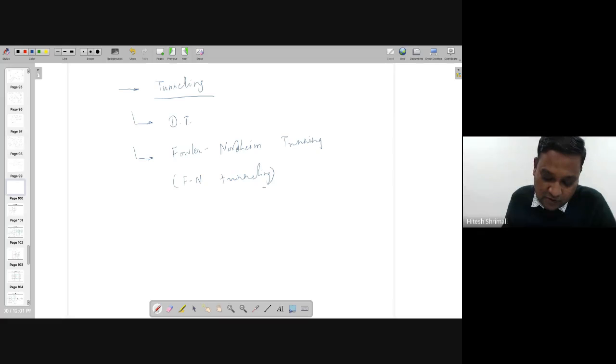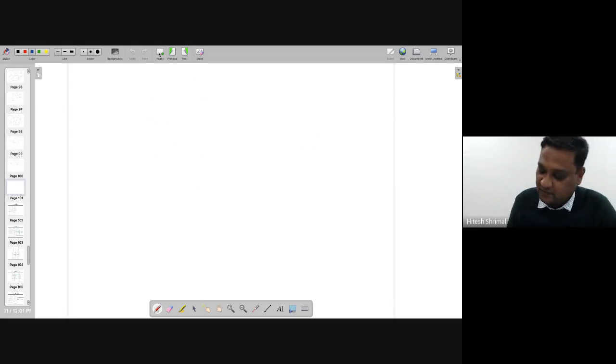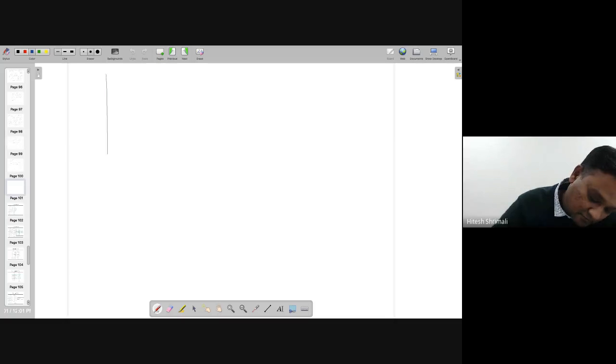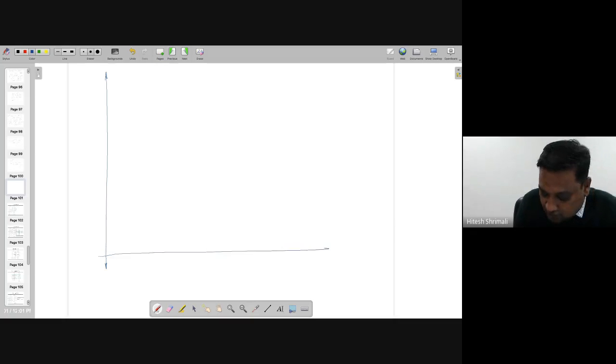Okay, so let's follow that, and we also understand that with respect to a given gate voltage at the floating gate device, you might have three different regions.